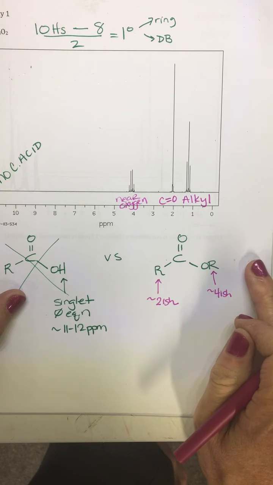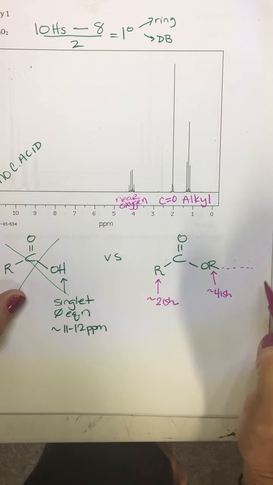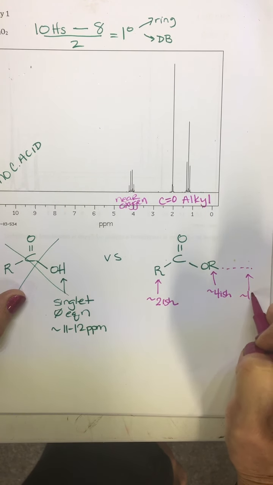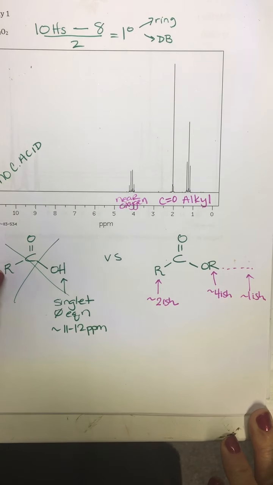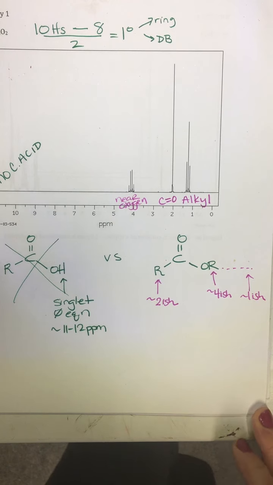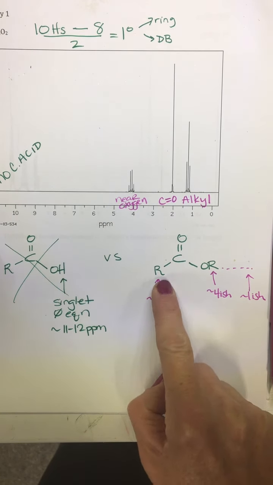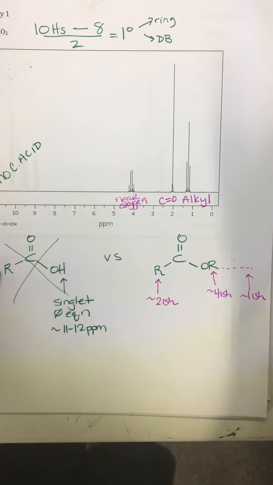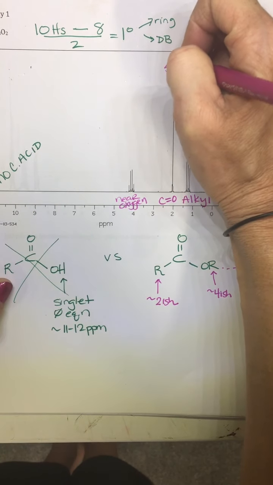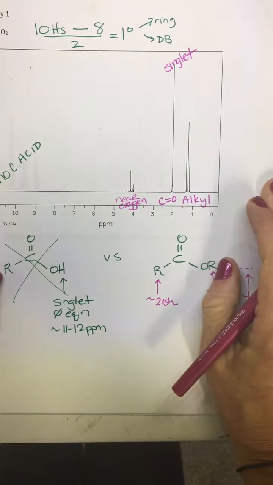And then anything that's further attached over here would be in that 1-ish area, furthest away from those oxygens. Okay, so now we just need to look at our splitting pattern. Let's start with who's next to the carbonyl. That would be right here. If you look, this is a singlet, and it's very tall.